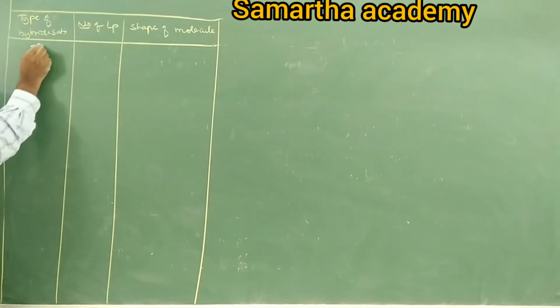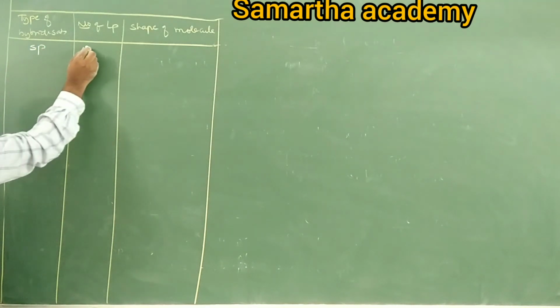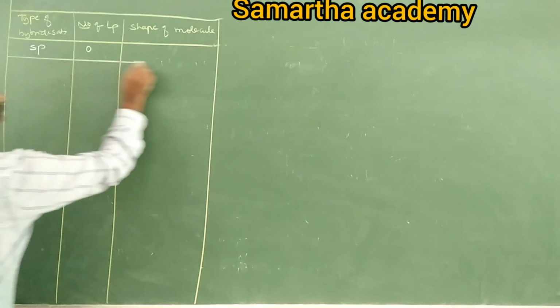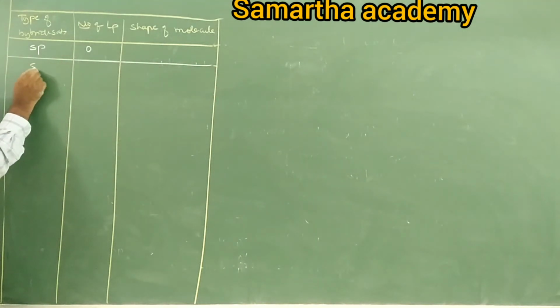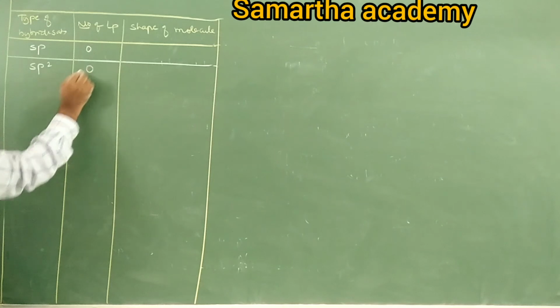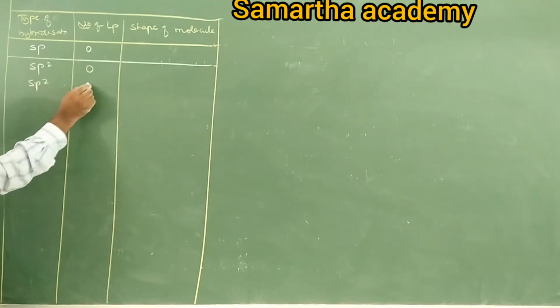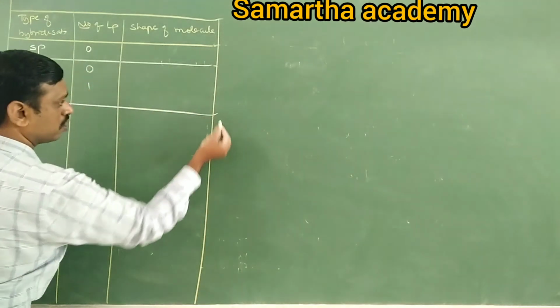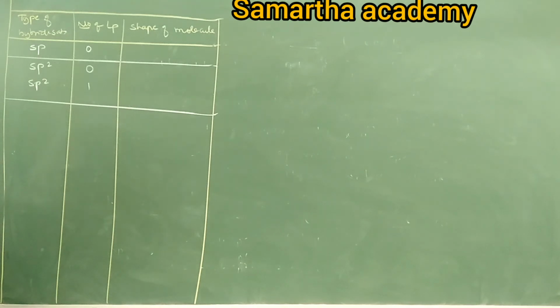First is sp. Remember, for sp there are only 0 lone pairs. Next sp2, 0 lone pair. sp2, 1 lone pair is also possible. sp2, 2 lone pair is not there. Next sp3, 0 lone pair. sp3, 1 lone pair. sp3, 2 lone pair.